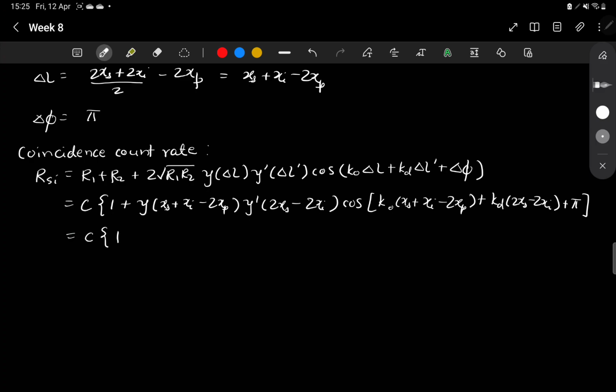And because of cos(pi plus something), that's minus cos of that something, so here will come a minus sign.